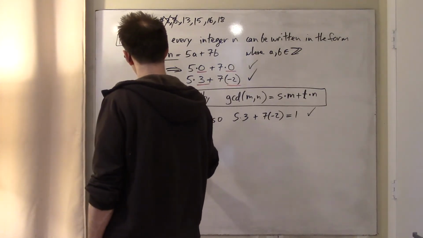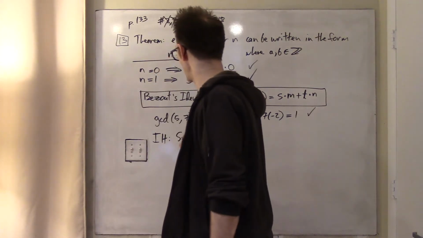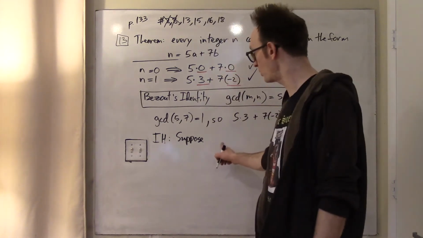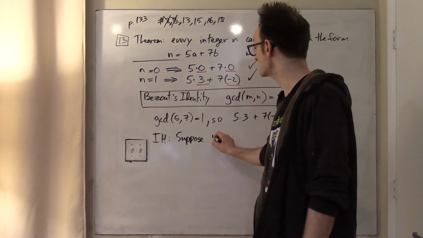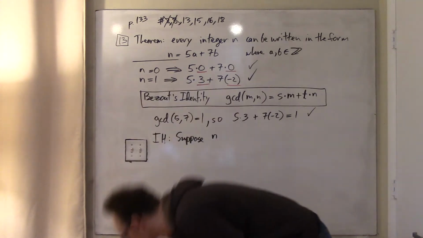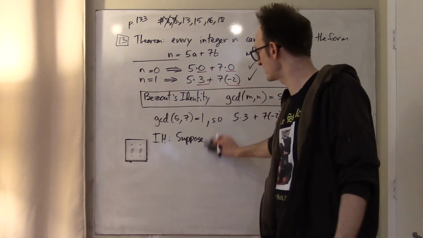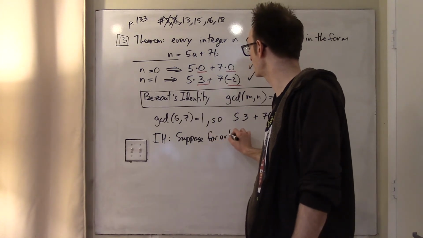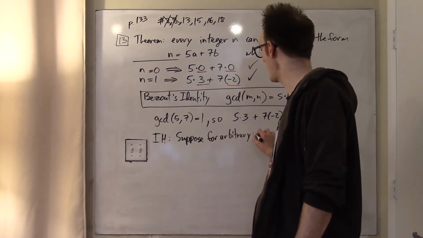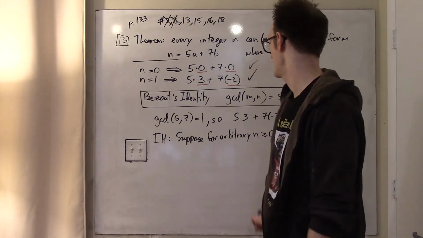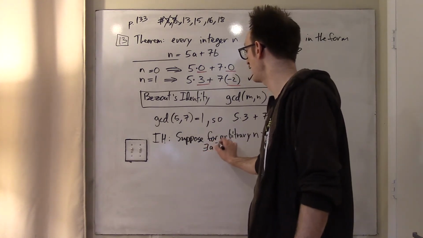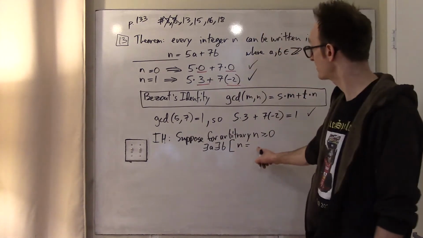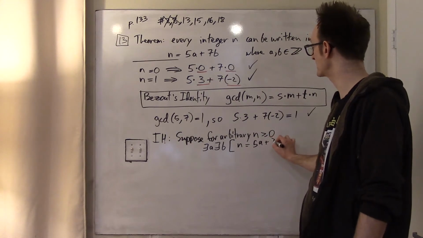So here's my inductive hypothesis. Suppose, for arbitrary n greater than or equal to 0, that there exists a pair of numbers, a and b, such that n can be written as 5a plus 7b.